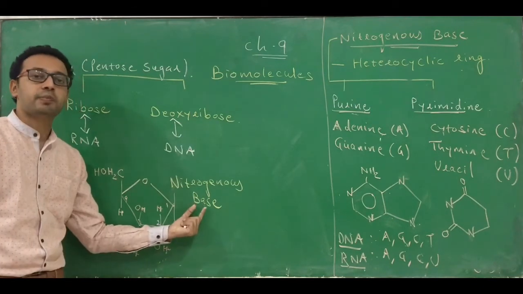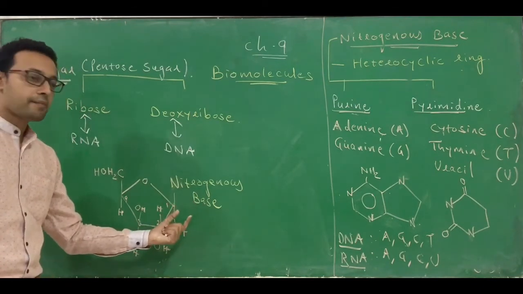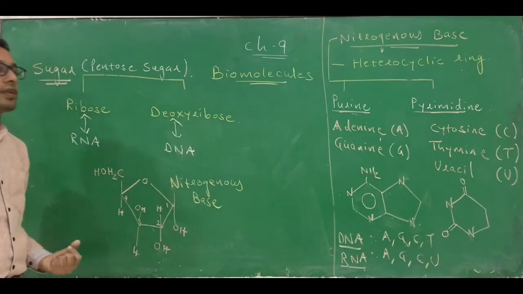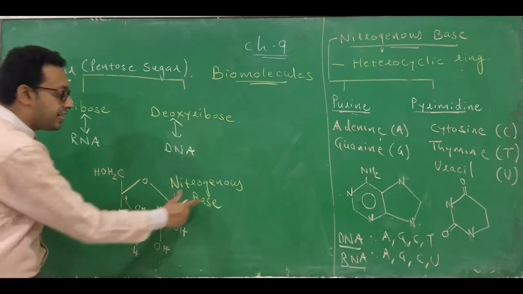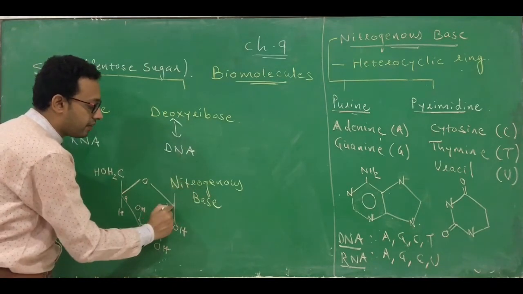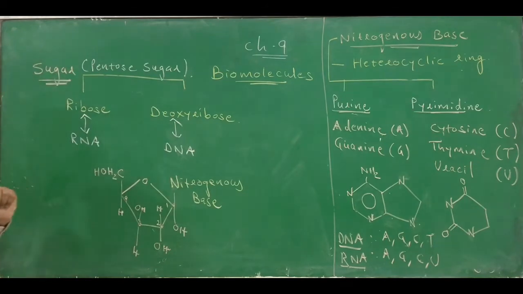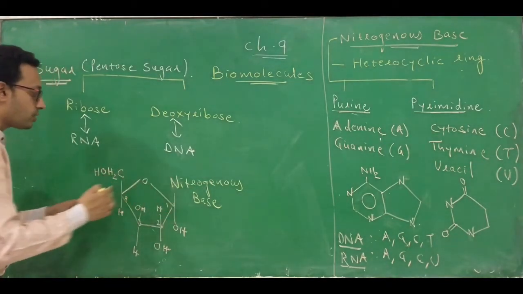Any of the nitrogenous bases can combine. Here the nitrogenous base combines with the sugar on the first carbon. Clear? This is a nitrogenous base. Now this is called a nucleoside.